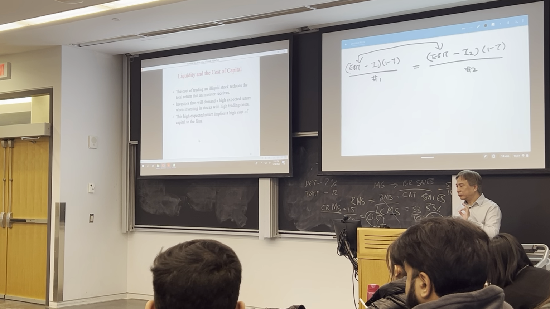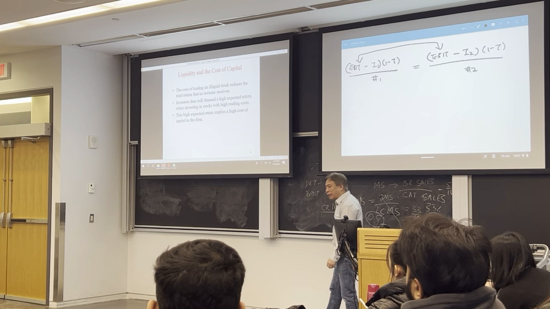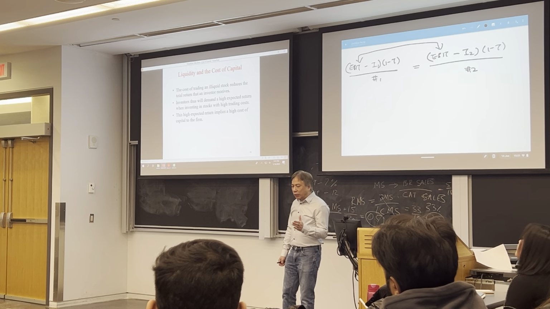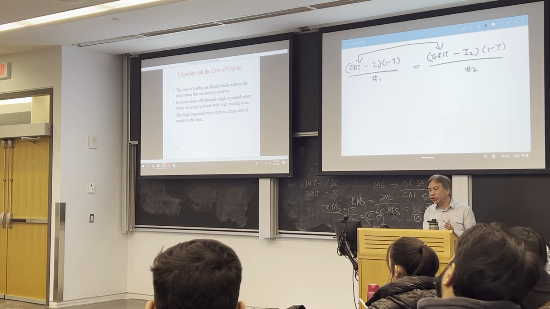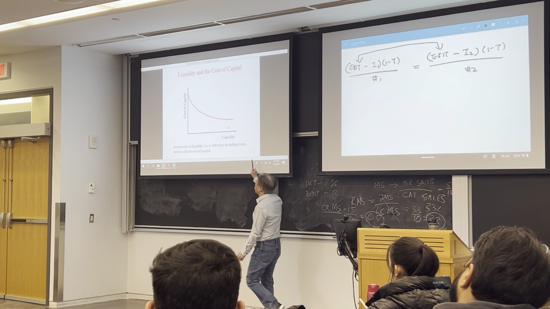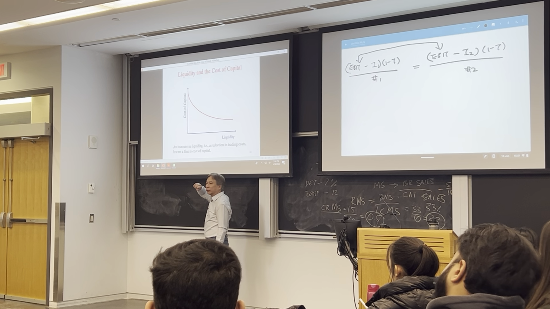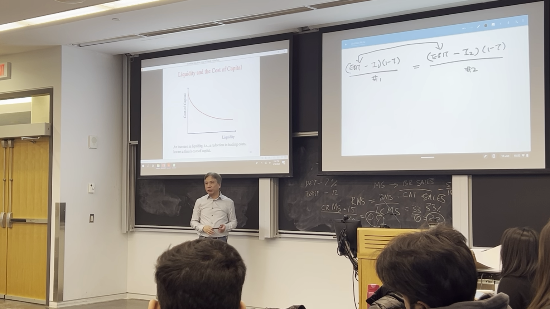Right? Now the last topic they talk about is liquidity. They say that if the firm is very liquid, then shareholders require a lower return. That is, liquidity and the cost of capital have an inverse relation. If the firm is extremely illiquid, then you will require a higher return.